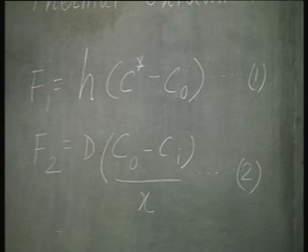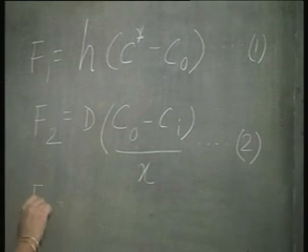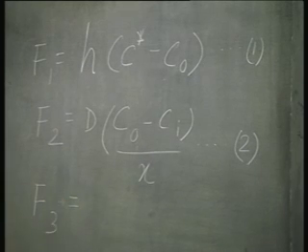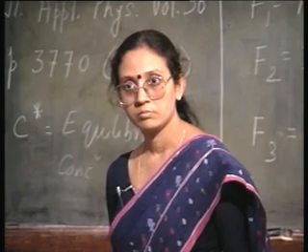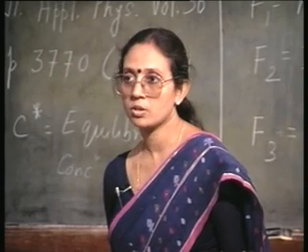And finally, we come to flux number 3, F3. And what is F3? F3 is related to the reaction of silicon with the oxidizing species. And since I have an abundance of silicon at the interface, lots of silicon is present, okay, the reaction will be governed by the availability of the oxidizing species. Isn't it? The more oxidizing species I have, the faster will be the reaction, the more will be the reaction.